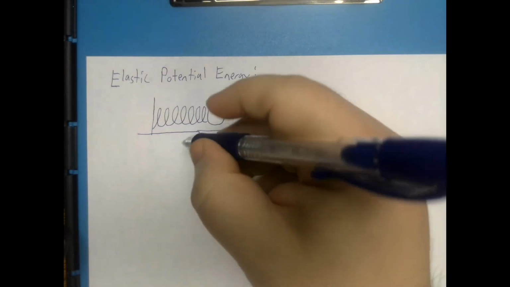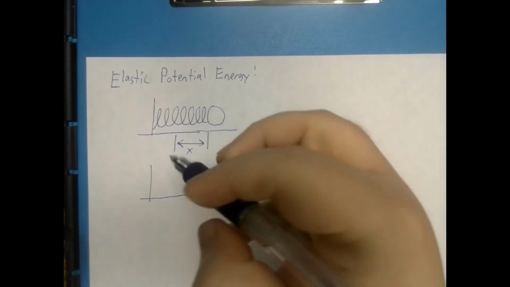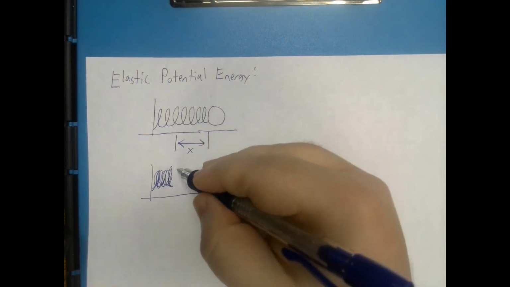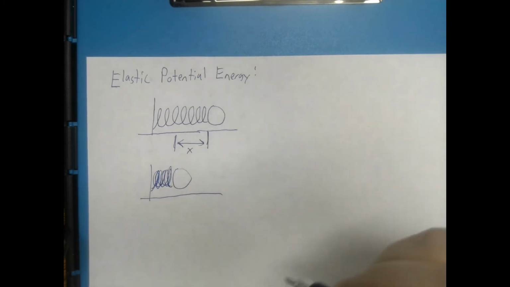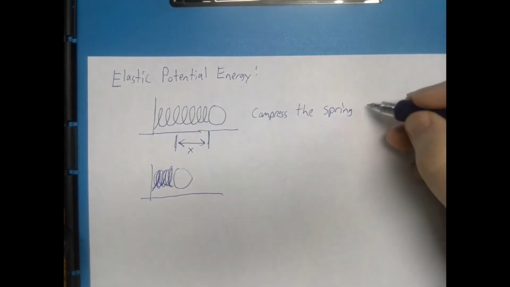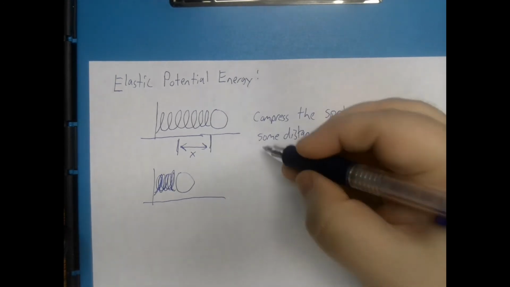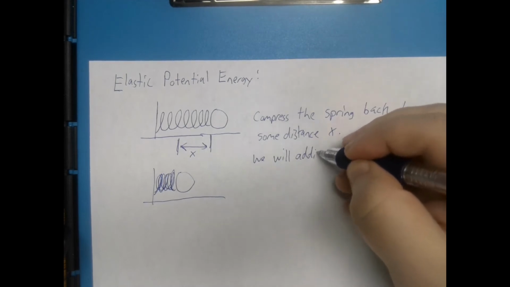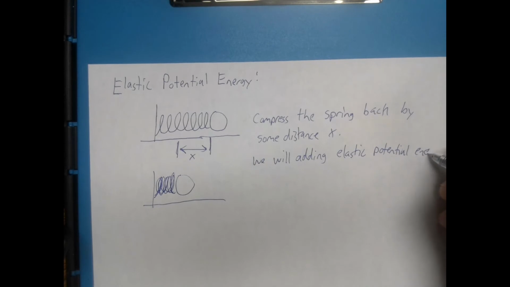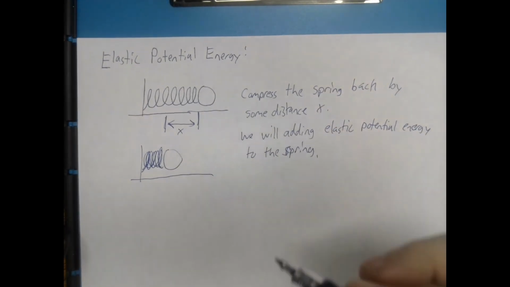If we were to compress the spring back by some distance x, really compress it, we will be adding elastic potential energy to the spring. And it's done by this equation.